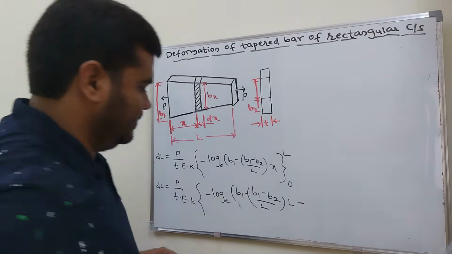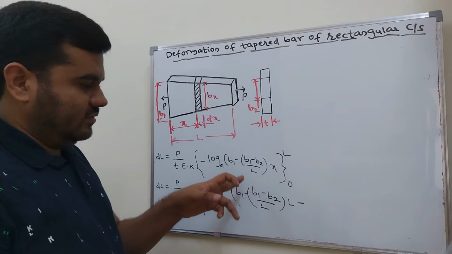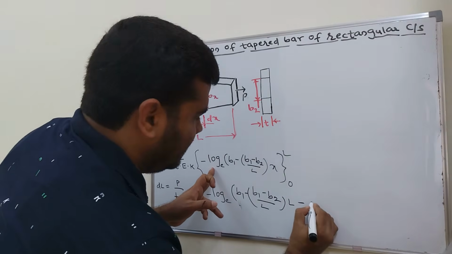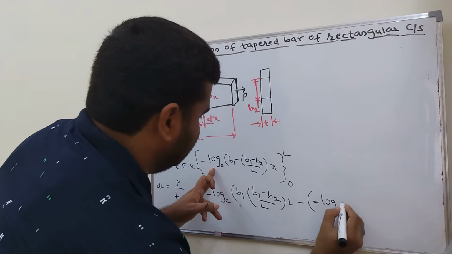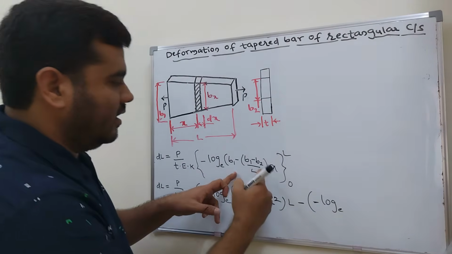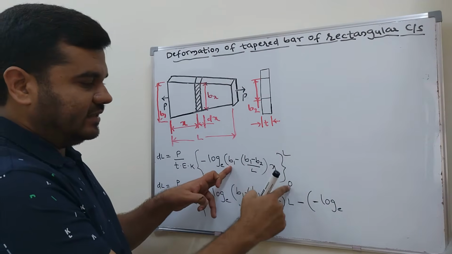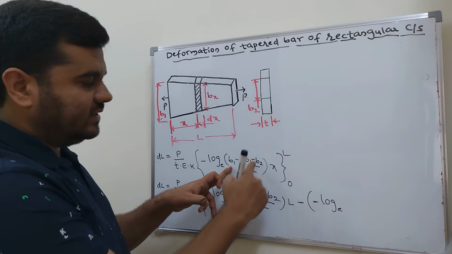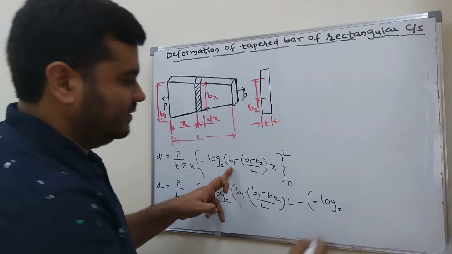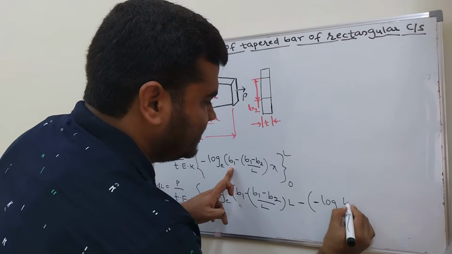Minus, now substitute the lower limit: minus log to the base e of only b1, because here we substitute x equal to 0, so this whole term becomes 0, therefore only b1 remains.